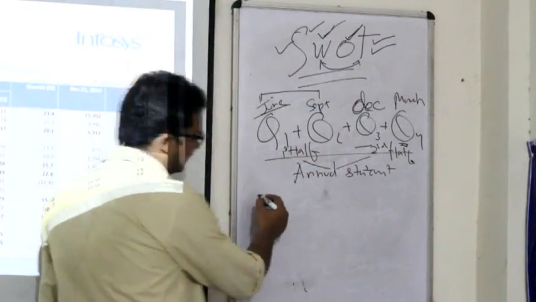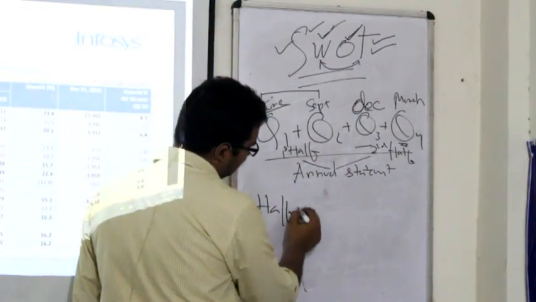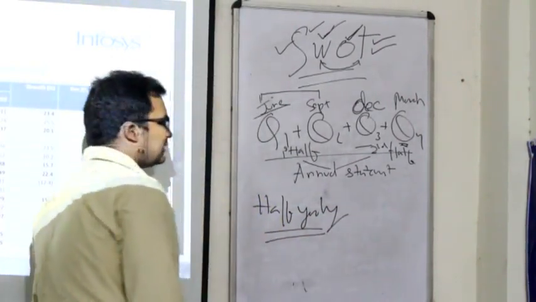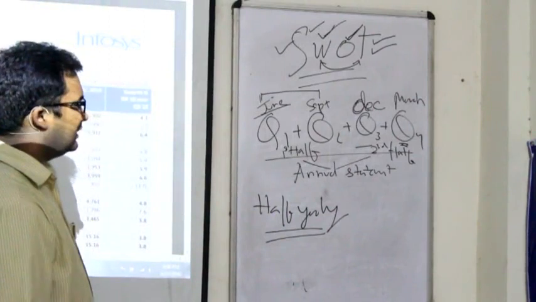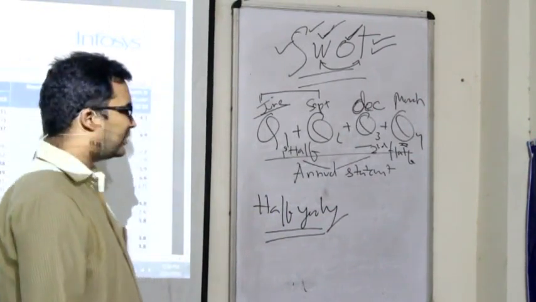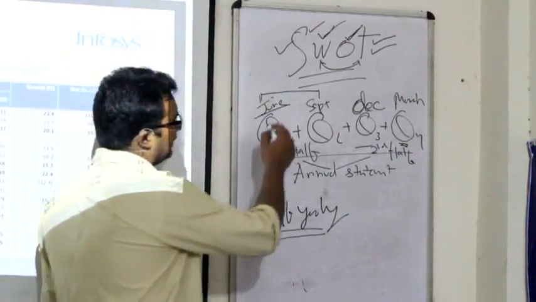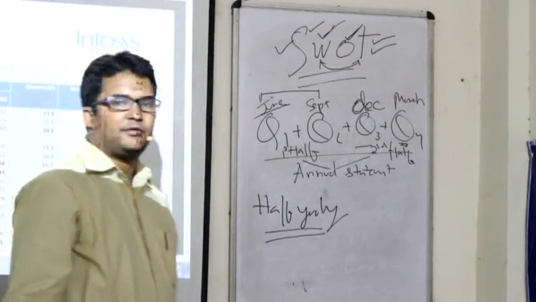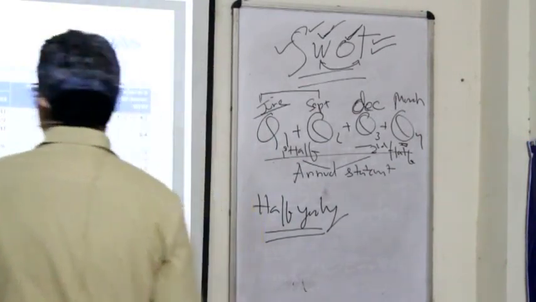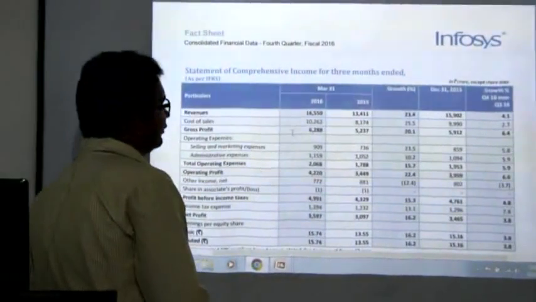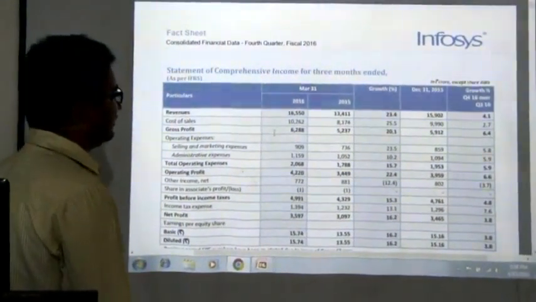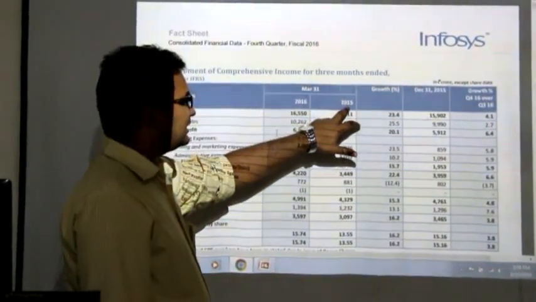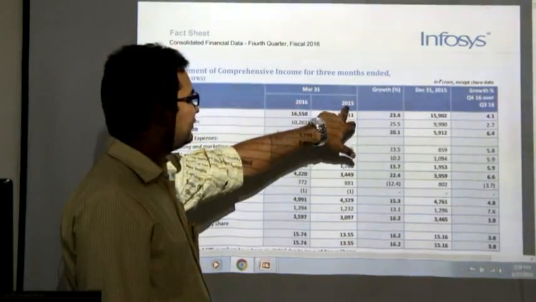When we talk about the half-yearly statement, in this case also we are comparing this statement with the same half of the previous year. So if the first half of 2016 would be compared to the first half of 2015. Hence in this particular statement they have shown the performance of March 31st 2016. So March 31st becomes quarter 4, which is being compared to the same quarter of last year, that is March 31st 2015.